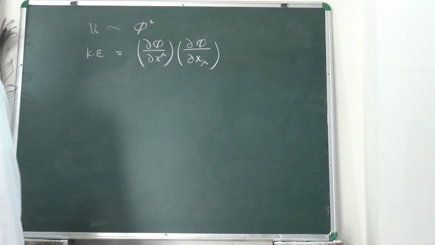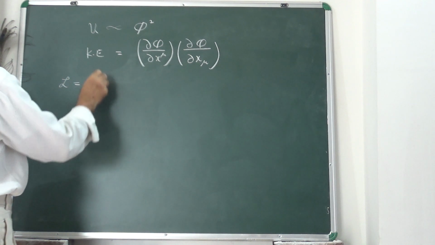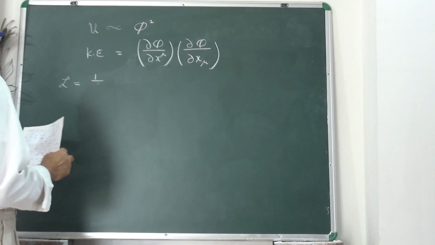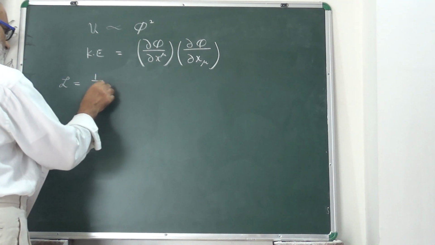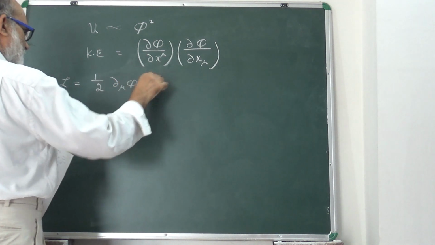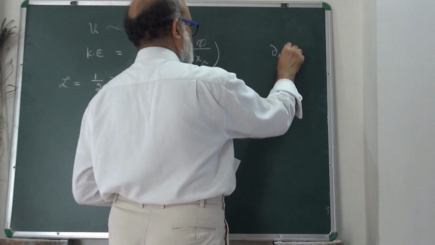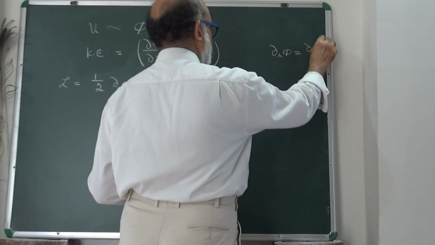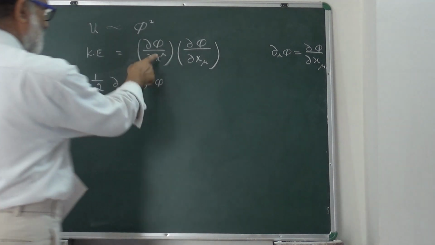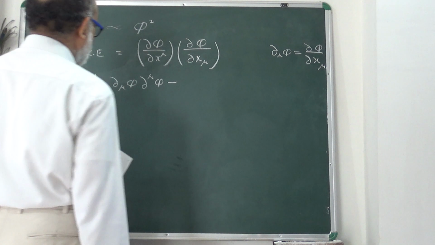And from this we have obtained the Lagrangian, that is half of del mu phi, where del mu phi means del phi by del x, so this one, minus the potential energy.